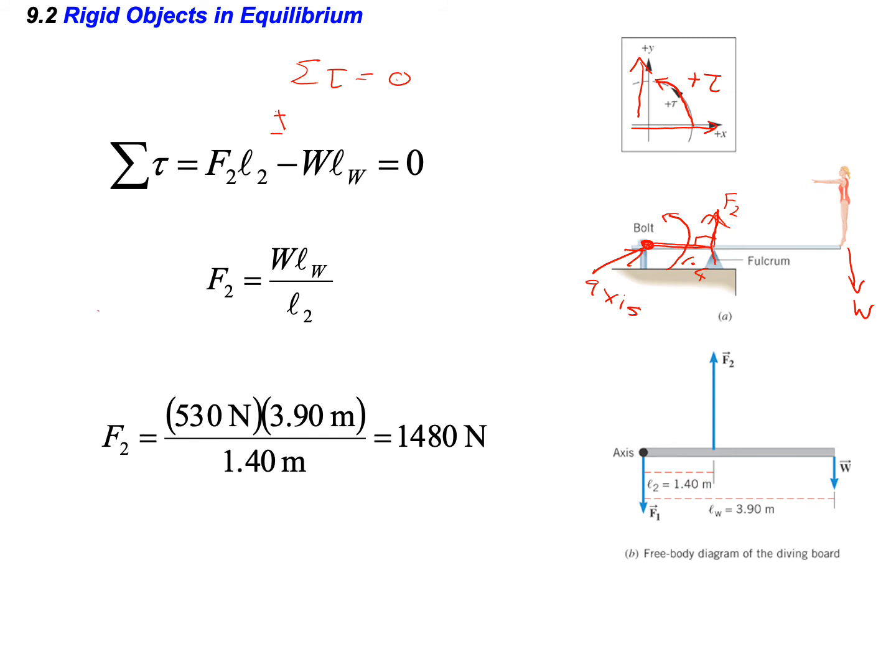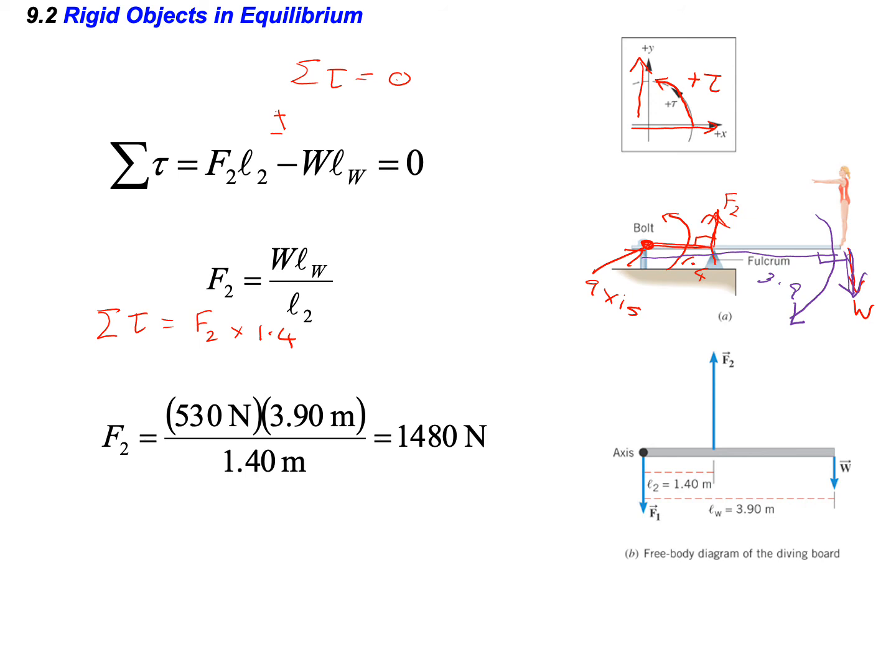So net torque is F2 times 1.4, and let me use a different color. Now you consider the W, which is pointing down, and the lever arm, this length, is the perpendicular distance to W from the rotational axis, which is 3.9. And because of this, it tends to rotate this way, which is negative, because we consider counterclockwise positive, therefore clockwise is negative.